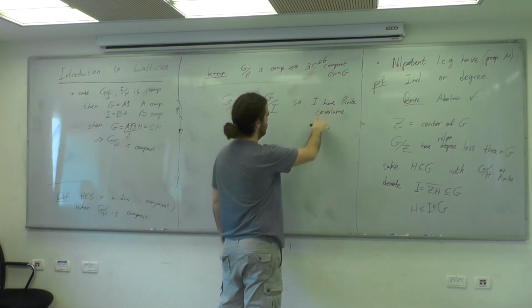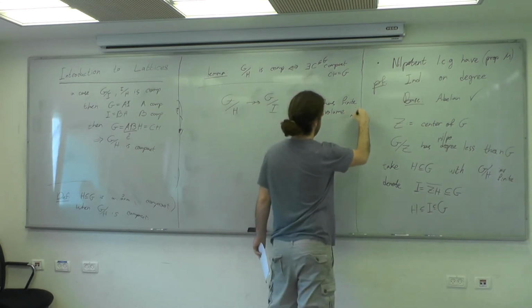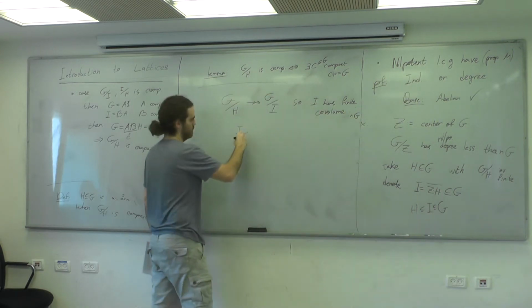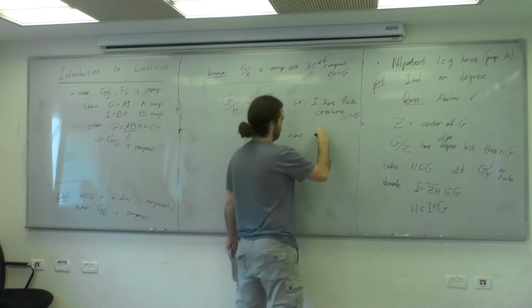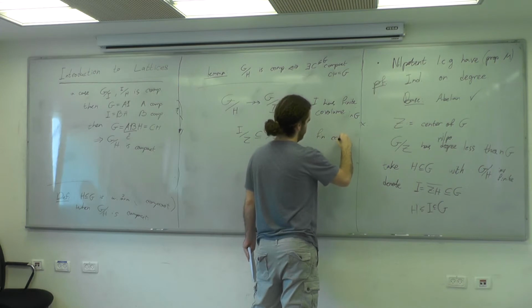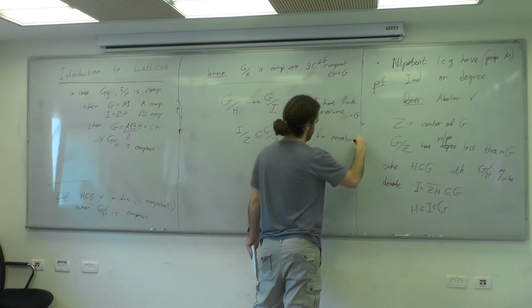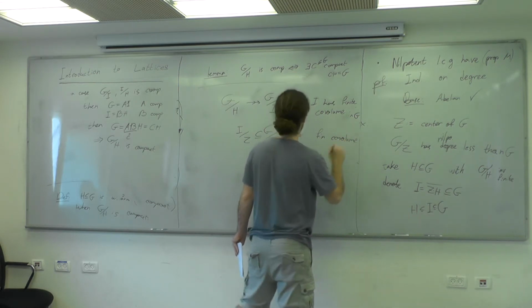So I has finite covolume in G. So I mod Z, which is in G mod Z, has finite covolume as well.